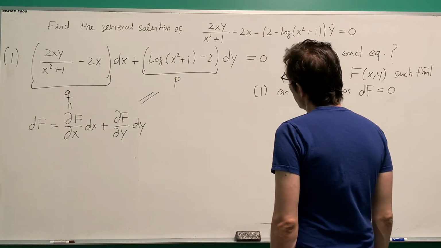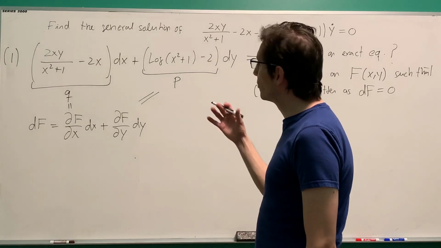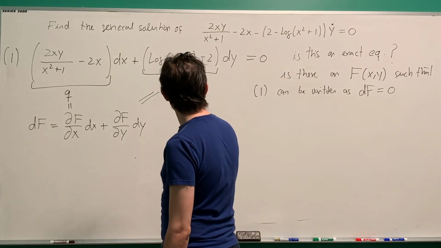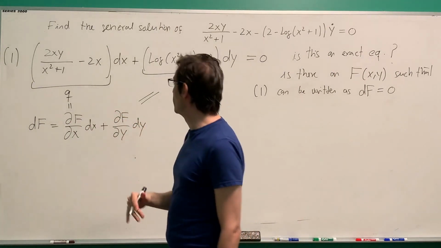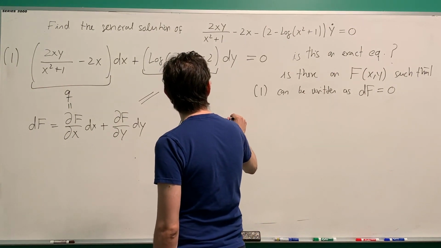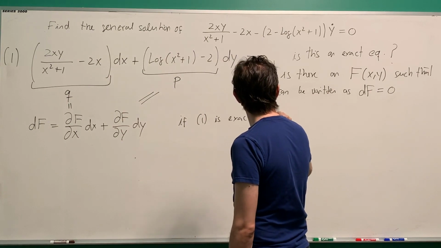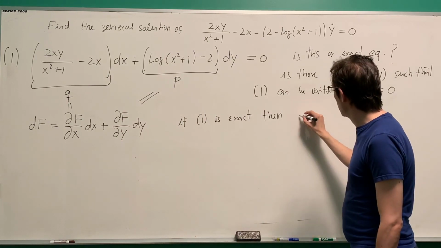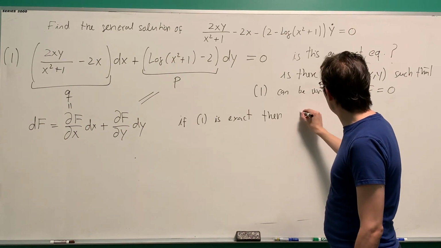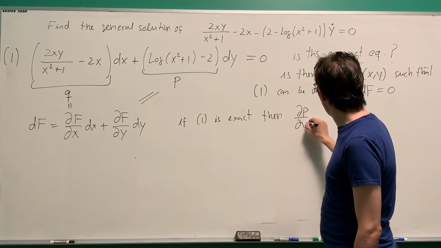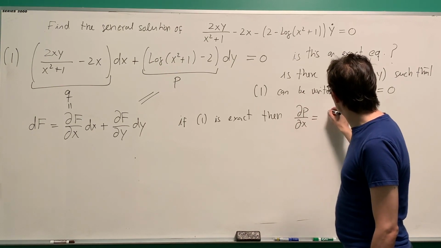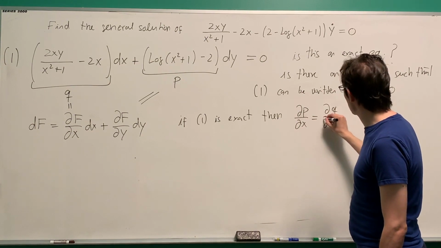Okay. If that is true, then by Schwarz's theorem that we saw in the previous video, we need to have that the second cross derivatives coincide. That would mean that the partial derivative of P with respect to y has to be equal to the partial derivative of Q with respect to x.